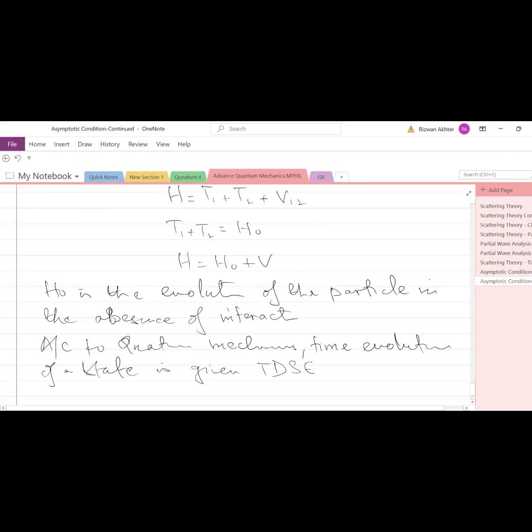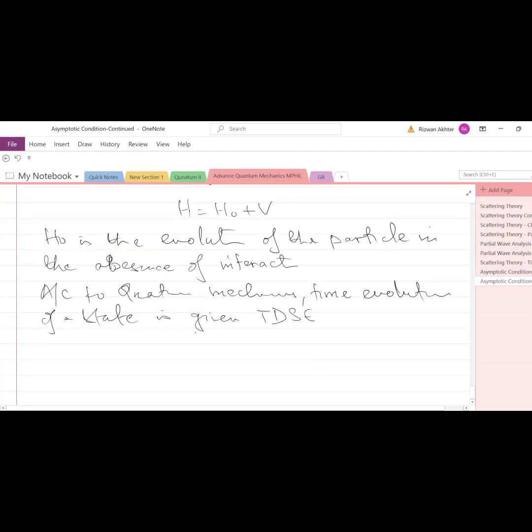If you want to know the time evolution of a state, you solve the time dependent Schrödinger equation, which is H operating on the state vector psi equals iota h bar d by dt of psi. The Schrödinger equation is a linear differential equation, so some initial condition is required, and with the help of this initial condition, this would give you a unique solution for the state vector.